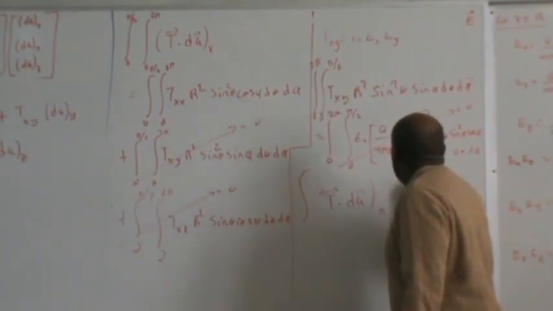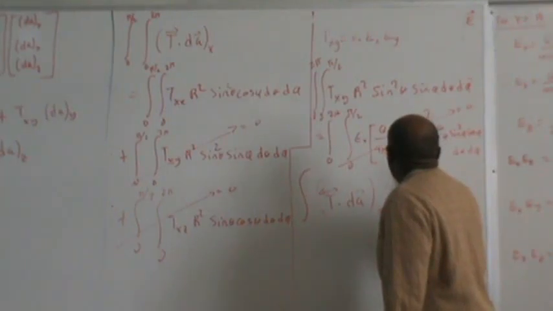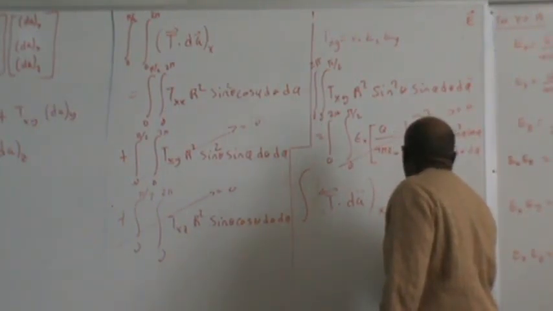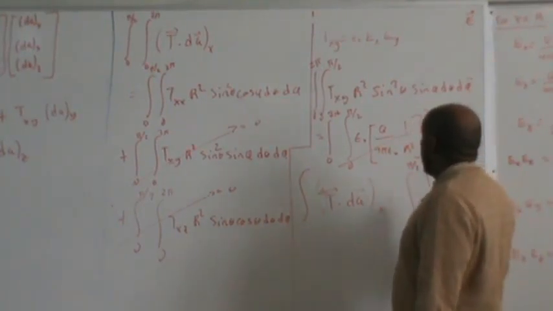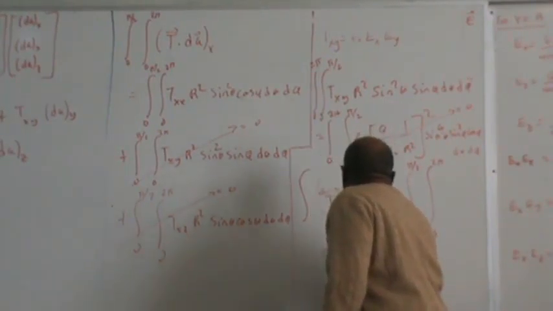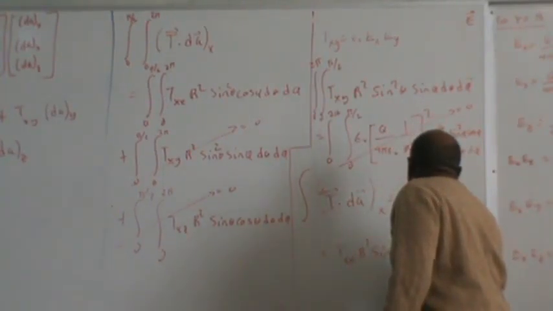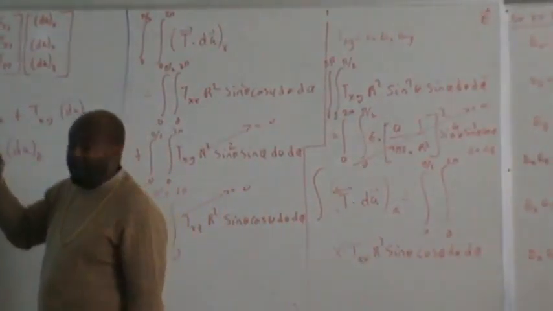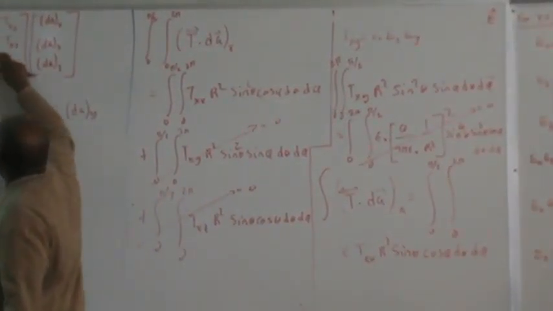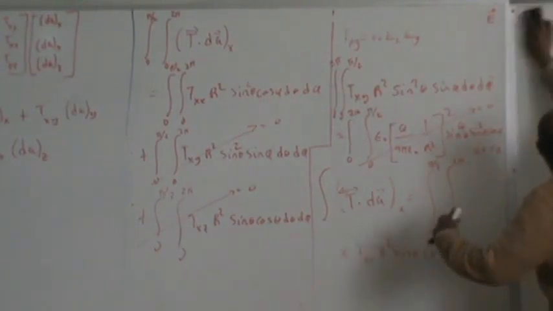That's going to be the integral from 0 to pi over 2, from 0 to 2 pi of t times dxx r squared sine of theta cosine of phi d theta d phi. Now who can tell me what is going to be the surviving term after we take this with that? Yes. Okay. So we are on the same page.